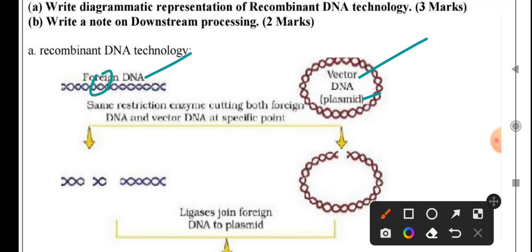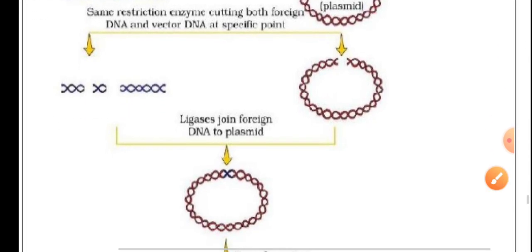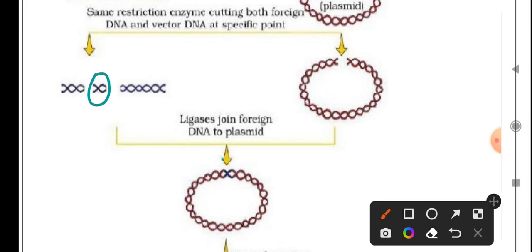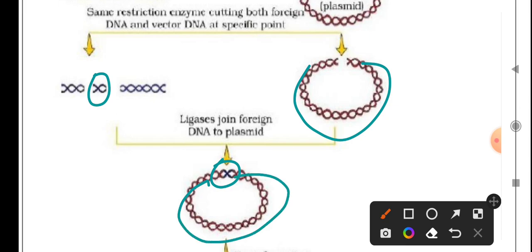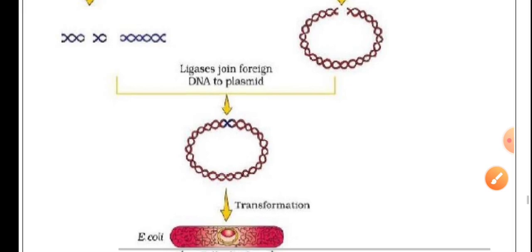See here and here. Ligases join the foreign DNA to the plasmid. This part comes here and they rejoin.